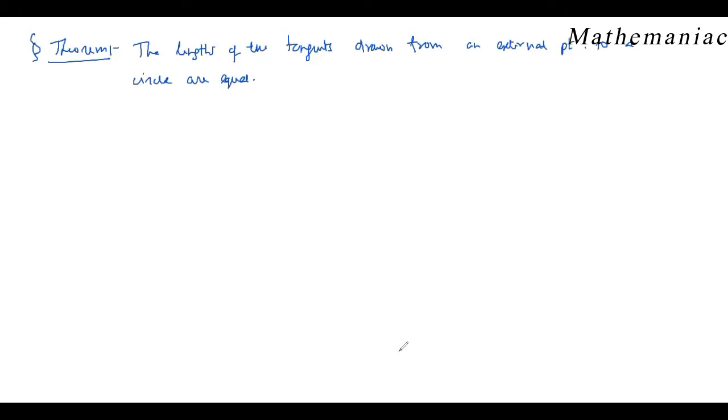So for that, I'll draw a figure here, and then we'll see how to proceed further. We'll take a point outside, say P. From this P, we are going to draw two tangents, and we'll show that the lengths of these two tangents are equal.